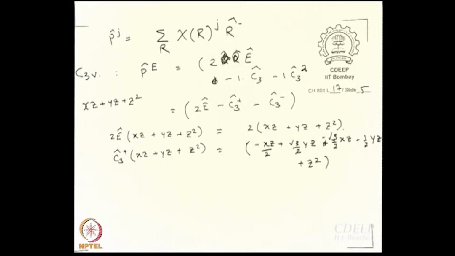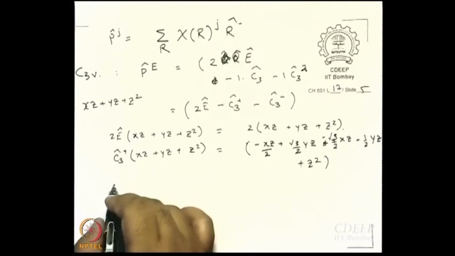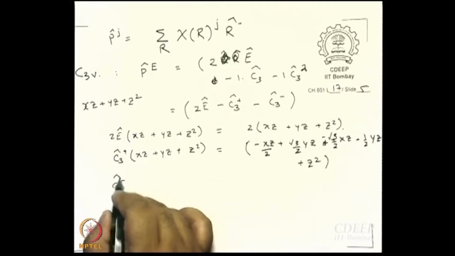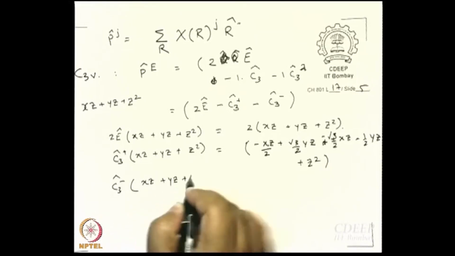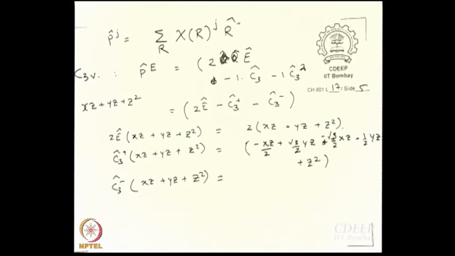Fine, and then C3 minus operating on xz plus yz plus z square. Can you work that out or not? Just work it out and satisfy yourself that this is what you are getting.